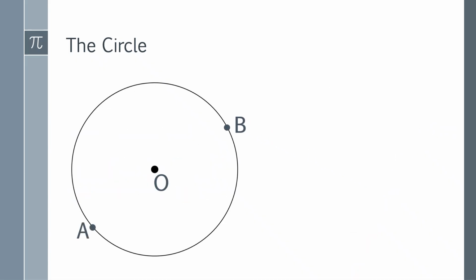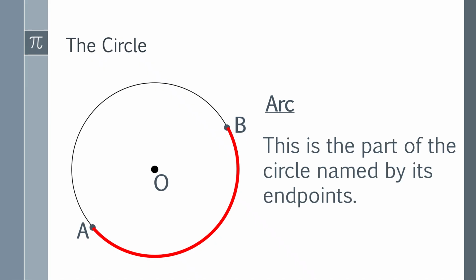Let's have this figure again. We have circle O with the center point O, and we have here 2 points A and B. So let's have the definition of an arc. When you say an arc, this is the arc AB. Okay? And the true definition of arc here is the part of the circle named by its endpoints.